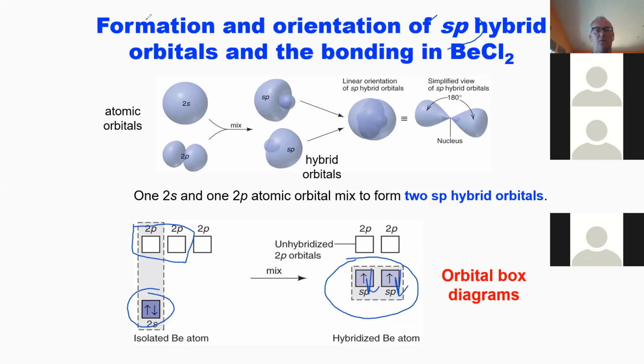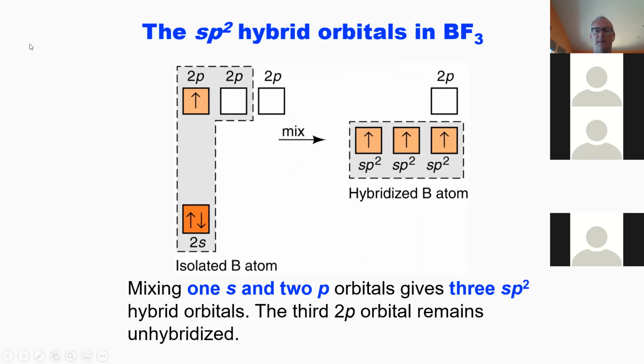And then when we form 3 bonds, or we need 3 spaces to put electrons, like in boron, it forms 3 bonds of exactly the same energy and orientation.